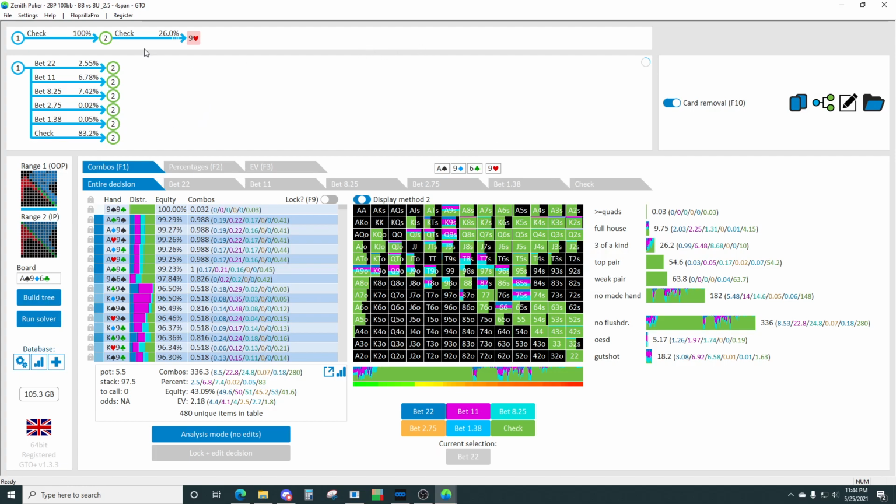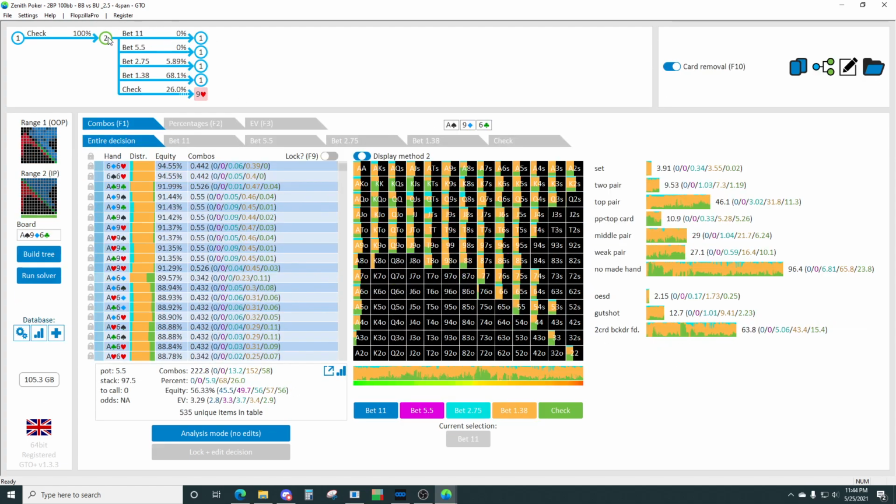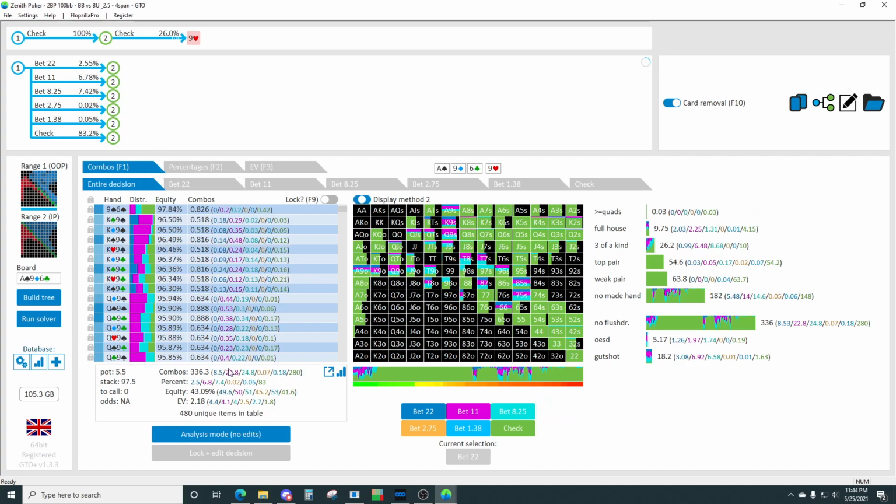So with pairing turns, it makes sense that it's a much better card for out of position. Not to mention they called a bet on the flop, so they don't have straight air. They're going to have some sort of equity. But yeah, on the 9, it doesn't improve either player's air. So the in position player is going to retain their equity from pre-flop. You can see on the flop, in position has a bit over a 6% equity advantage on the 9.